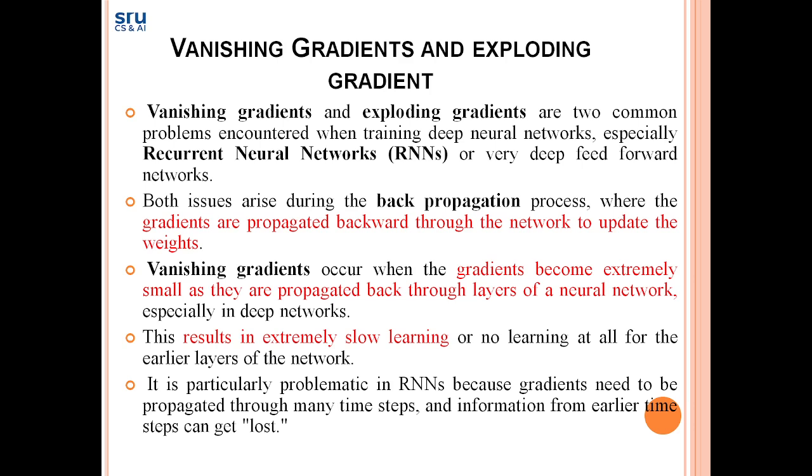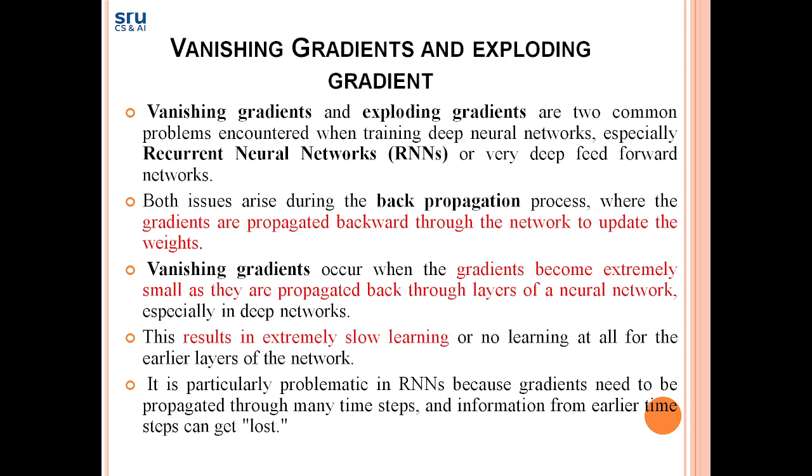So one of the major problems here is vanishing gradient and exploding gradient. What do they mean? Vanishing gradient and exploding gradient are two common problems encountered when training deep neural networks, especially recurrent neural networks.